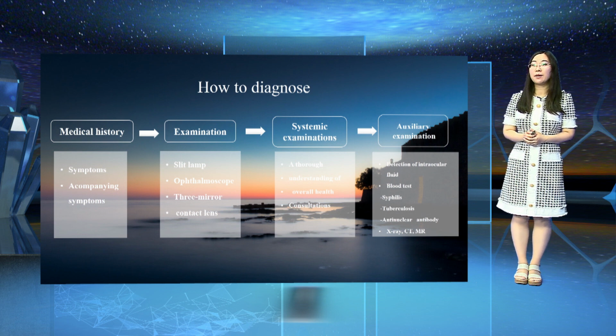Since uveitis can be associated with disease elsewhere in the body, the patient will require a thorough evaluation of the overall health, and this may involve consultation with other medical specialists. The patients may also require blood tests, X-rays, and other specialized tests to establish a cause of the uveitis.